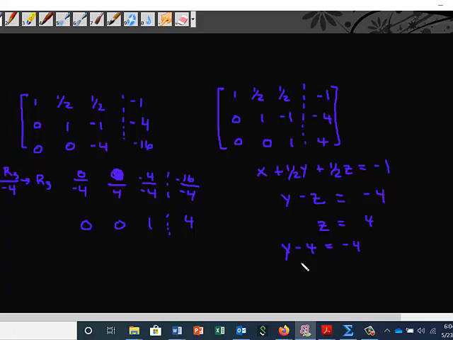So we're going to solve for y. And in this case, y is going to equal 0. So we see that y is equal to 0. And now z is going to equal, well, we already found that z is equal to 4.